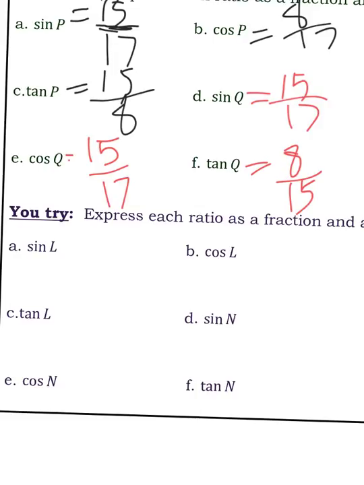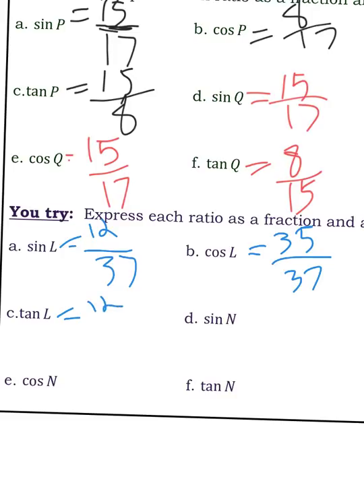So this one's SOH. So this one's 12 over 37. Cosine L, that makes this one CAH of L. So that makes this 35 over 37. Tangent, opposite over adjacent, TOA, 12 over 35.